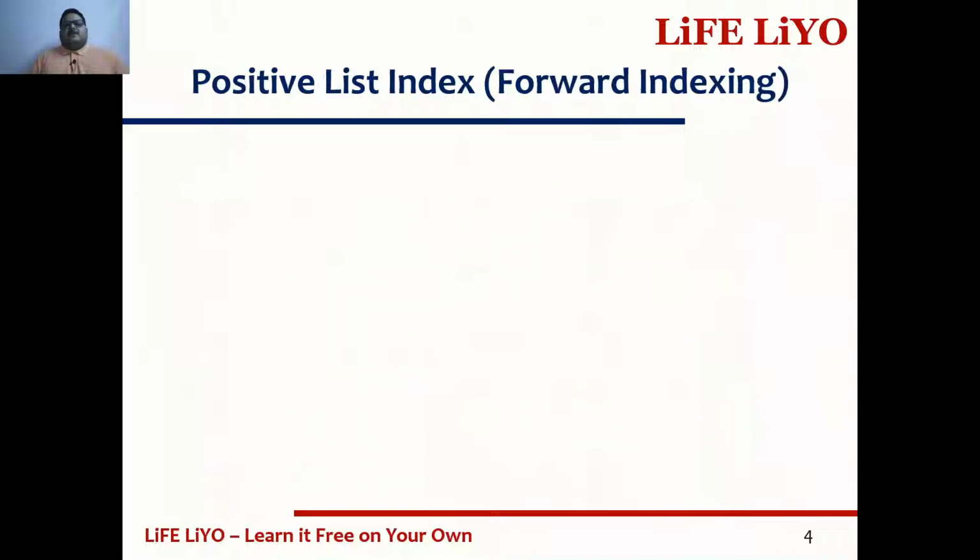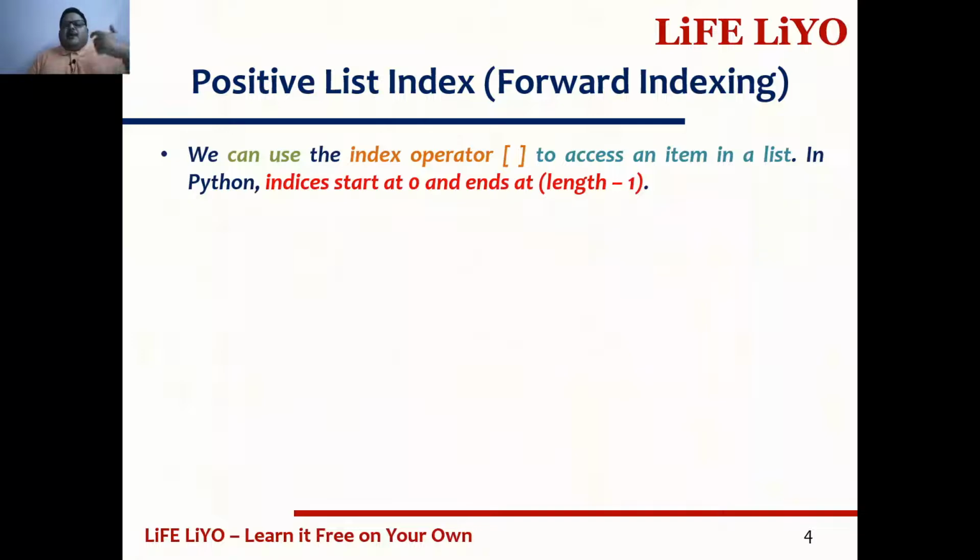Now, what is positive list index? Just now we have seen that to access any element from the list, we have to use a number that we call the index or indices. Positive index means the indices start from 0 and go up to the length minus 1. Now what is the syntax?